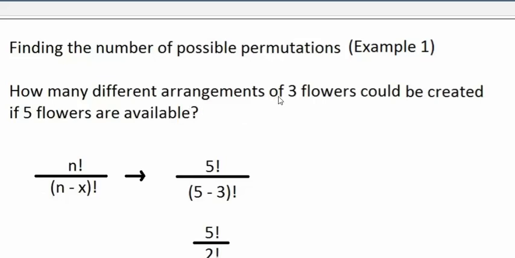So notice how, since this question is asking for the number of possible arrangements, it's asking for the number of possible sequences. So that means the permutation formula is needed. Because if you pick 3 flowers and if you flip the order of 2 of them, it becomes a new arrangement. Like I said, order matters in this situation.